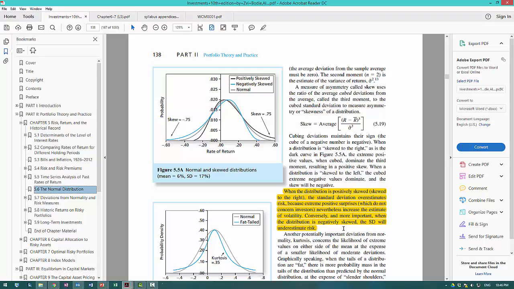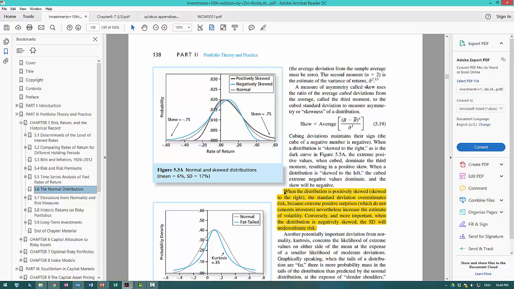and conversely, now if you read on, you're going to be totally confused by what they're saying, because extreme positive surprises nevertheless increase the estimate of volatility. Some people just don't have a clue what they're trying to say. Let me try and reinterpret this for you.